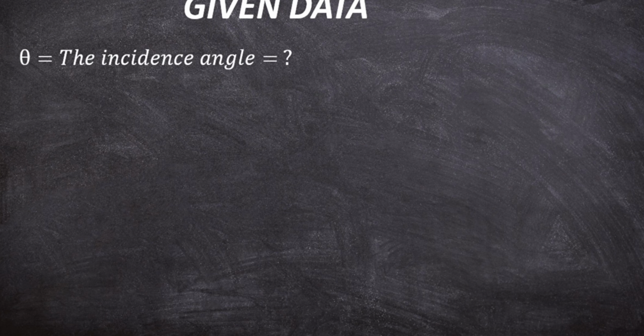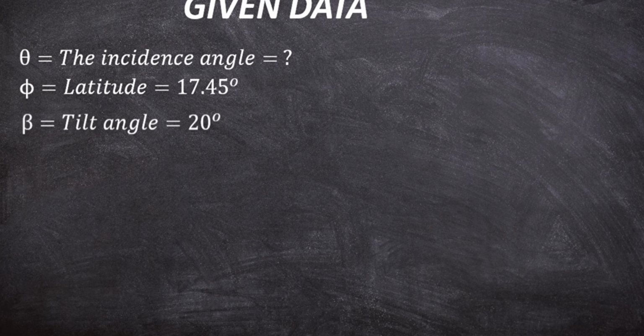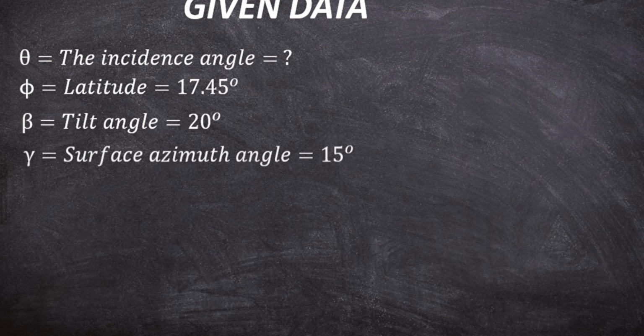This is where our question is. Our phi, which is our latitude, is given as 17.45 degrees. Our beta, which is our tilt angle, is given as 20 degrees. Our gamma, which is our surface azimuth angle, is given as 15 degrees.